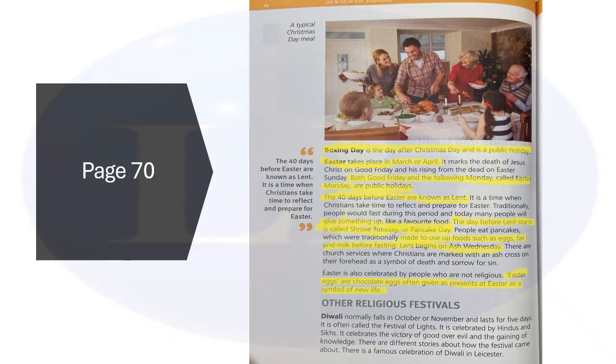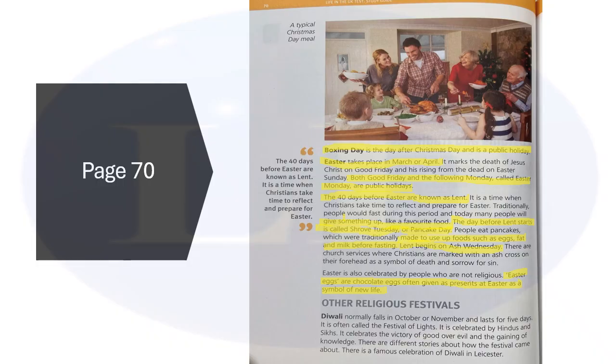So the main thing is about Good Friday. It's March and April. Then talk about Good Friday, then Monday, and obviously on Monday they are public holidays. So the Easter week: Friday, Saturday, Sunday, Monday. That is the whole week, 4 days over the weekend, which are public holidays.